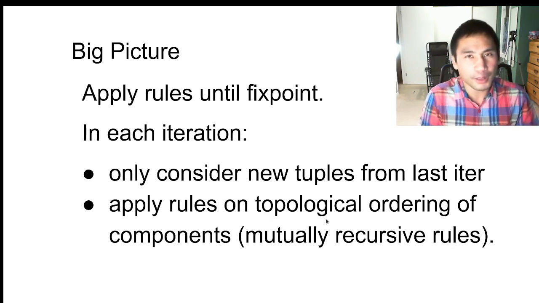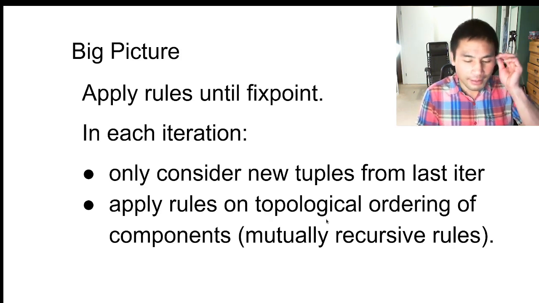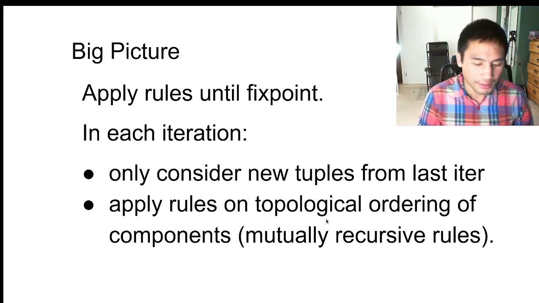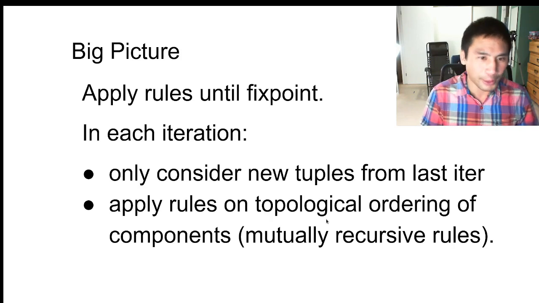And then what they do is they calculate some notion of components, which is mutually recursive rules, and they apply rules on a topological ordering of components. It's a standard thing where you have this graph and you have some components in the graph, you want to topologically sort it, but you can't because it's not a full ordering. Well, you make components and then you do the topological ordering on these components.